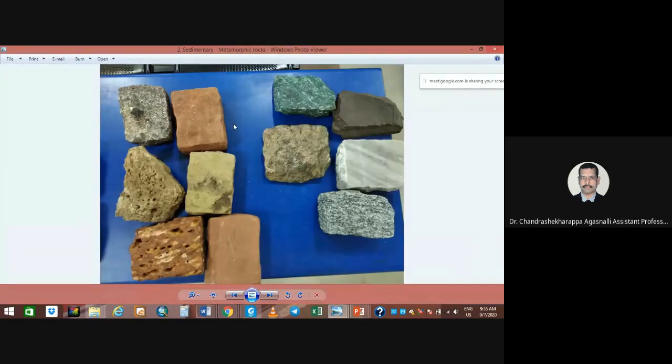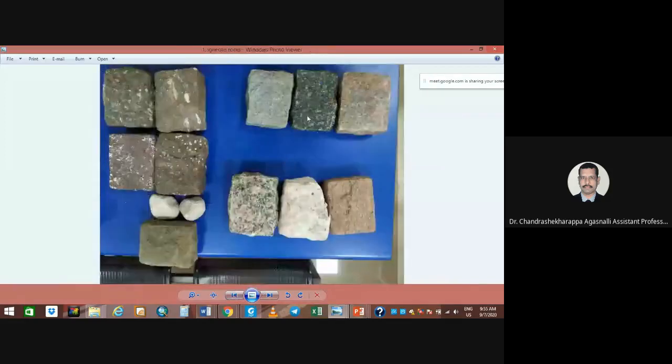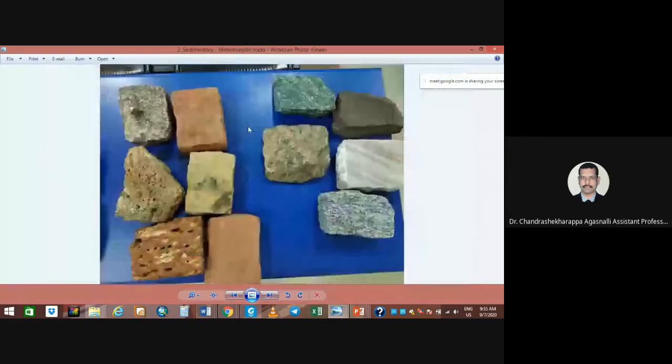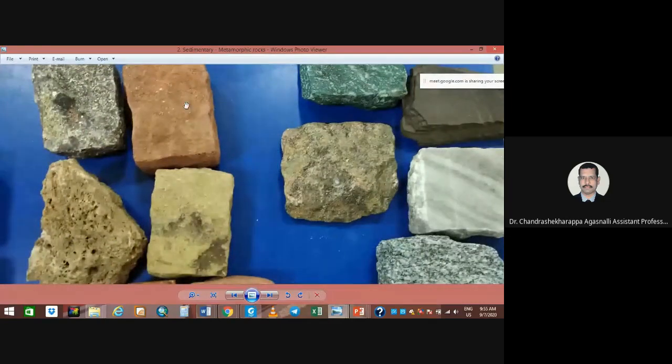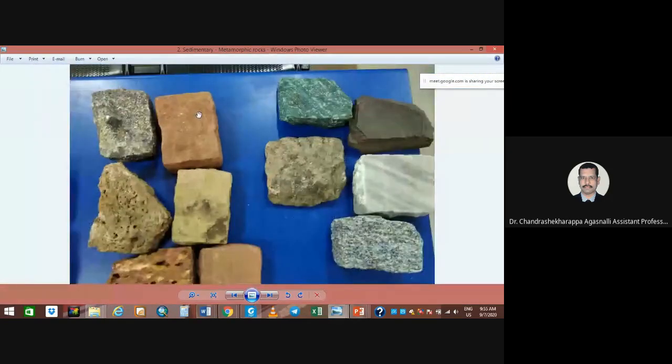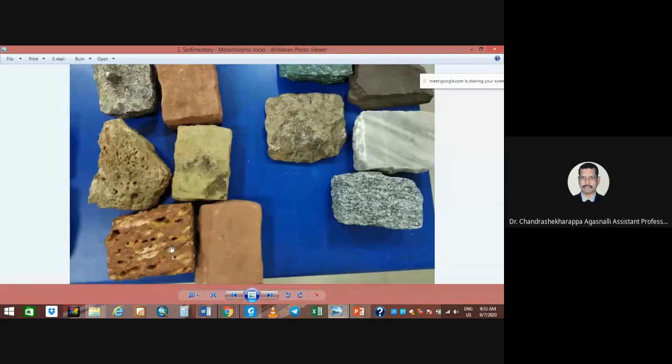Due to weathering, the rocks disintegrate, get eroded, transported, and deposited in a very suitable place. Sediments means grains, which come together and are compacted. That's called sedimentary rocks, like sandstones, which are rich in silica sands, and laterite.